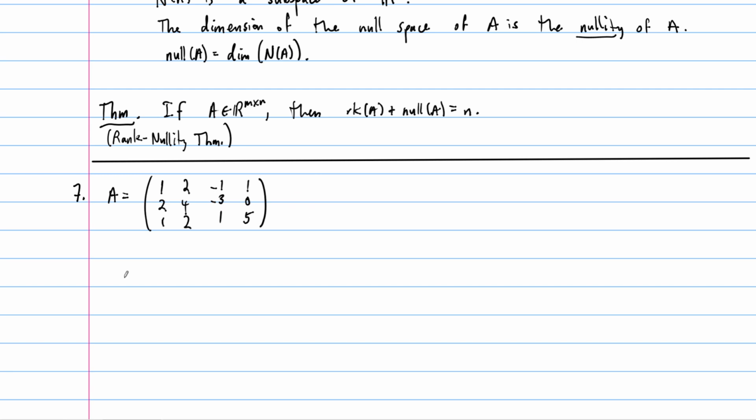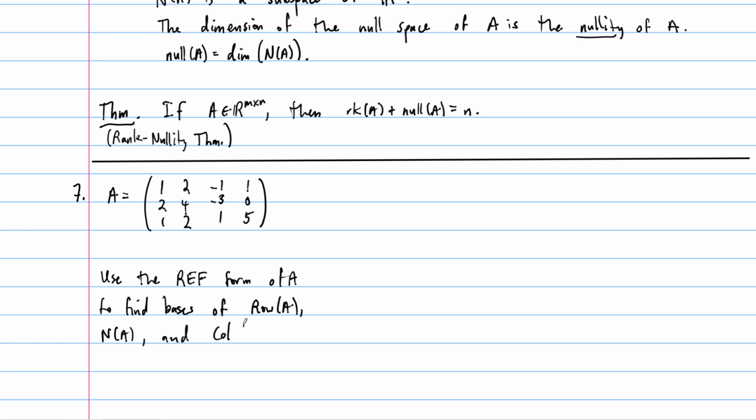Let me write this out. Use the REF form of A to find bases of all 3 major subspaces: the row space of A, the null space of A, and the column space of A. Take a moment, work on that.